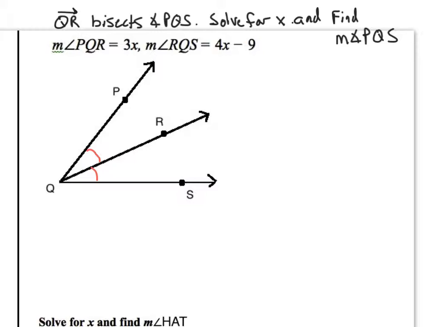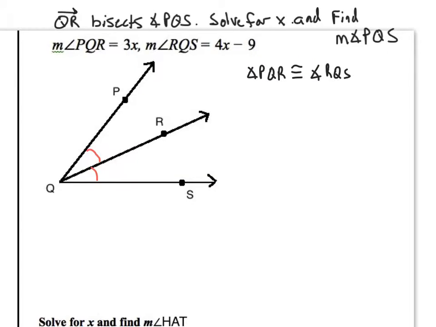So we know for a fact that, actually let me start even farther back than that. We know that angle PQR is congruent to angle RQS.